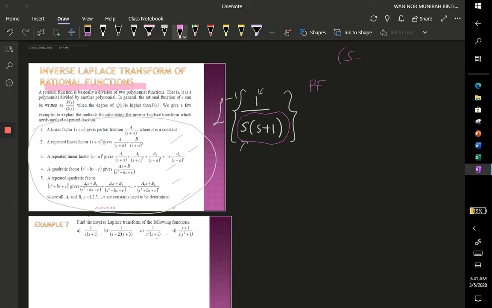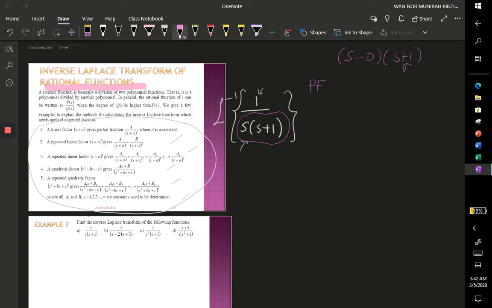Let's say you have s plus 0 times s plus 1, so you have whole numbers here, 1 and 0, when you can factorize this function nicely. I say this one is a nice number, so you need to apply partial fraction. It's better if you apply partial fraction.